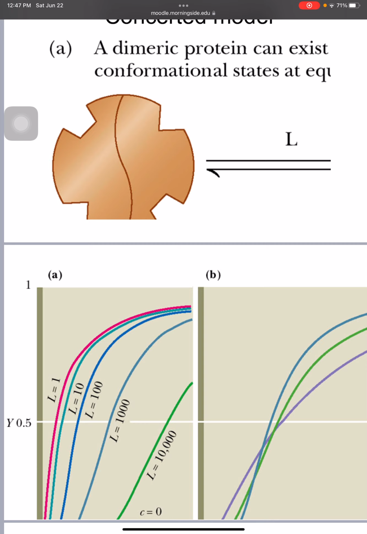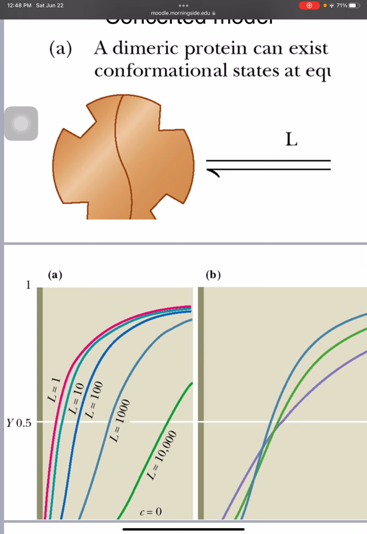Remember, when L is high, you have much larger amounts of T as opposed to R. Let's look at L equals 10,000 here. The shape of the curve is much more sigmoidal when L is high and gets less and less sigmoidal as you go to 1.